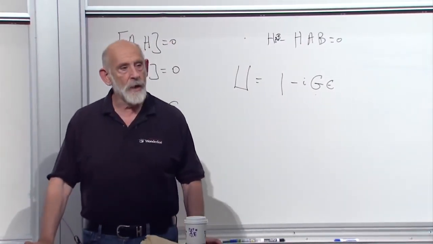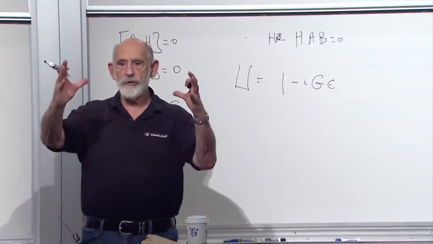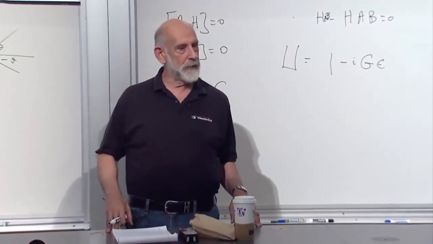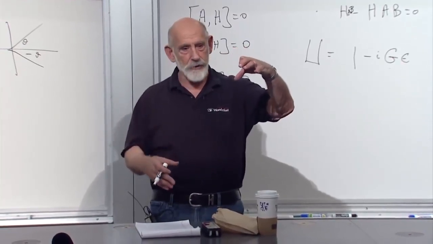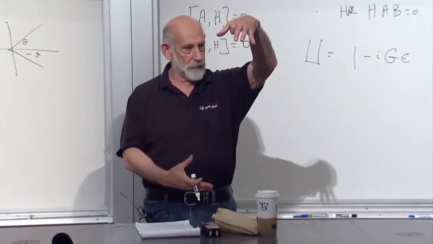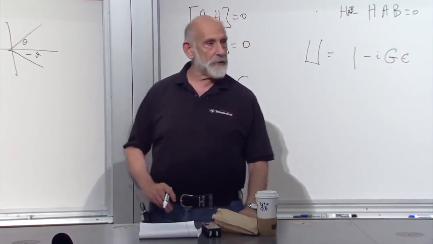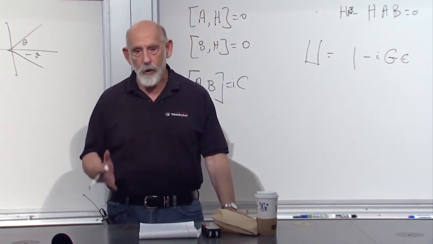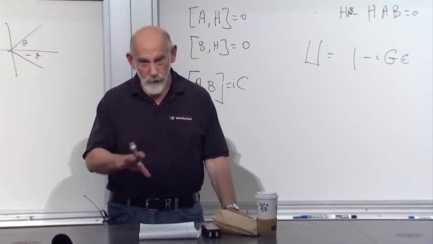If you know the generator, that allows you to make a small rotation. If you keep doing small rotations repeatedly about a given axis, you'll eventually build up a finite rotation. So the generators contain basically all the interesting information about the group. Well, almost.